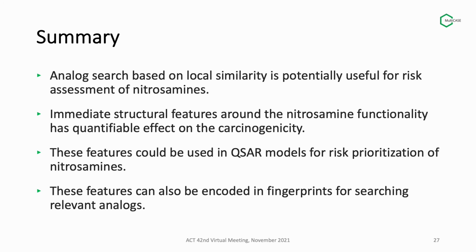These features can be modeled in the form of QSAR models to give us quantitative predictions of carcinogenic potency of nitrosamines, and they can also be encoded in the form of fingerprints that can be used to search for good analogs, which will give us another way of risk assessment. So in summary, the use of computational approaches has definite potential in terms of the risk assessment of nitrosamines.